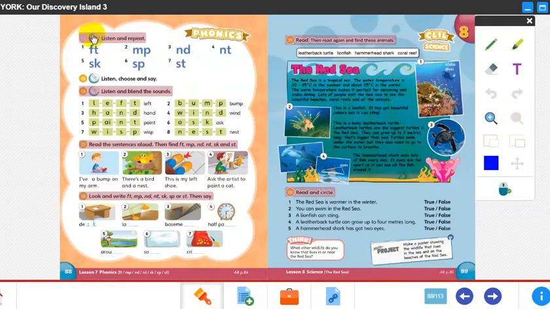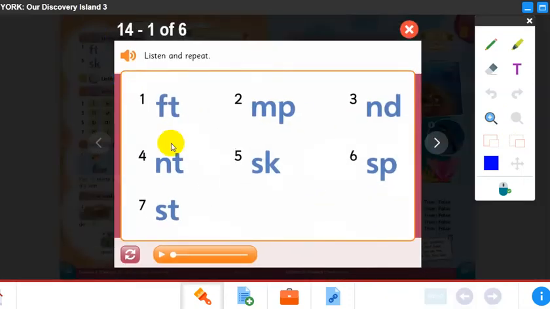We have a listening. Listen carefully, and then after that we're going to complete our lesson. F, t, ift, ift. M, p, imp, imp. N, d, nd, nd.